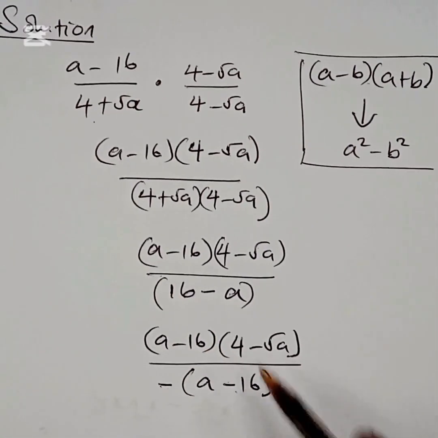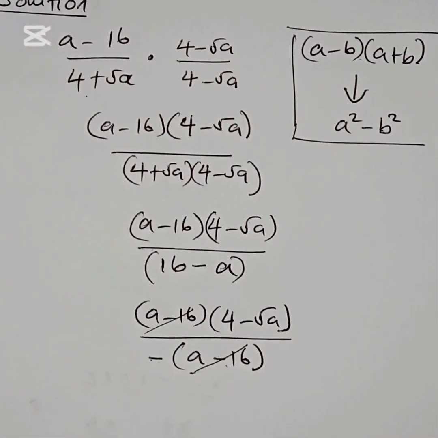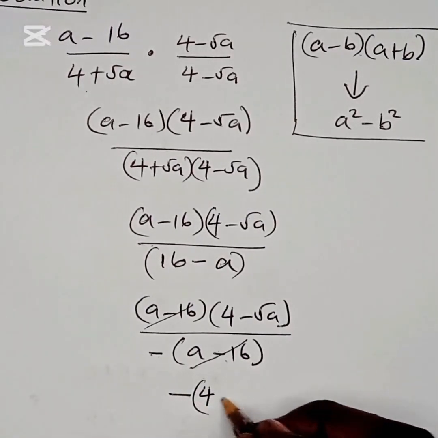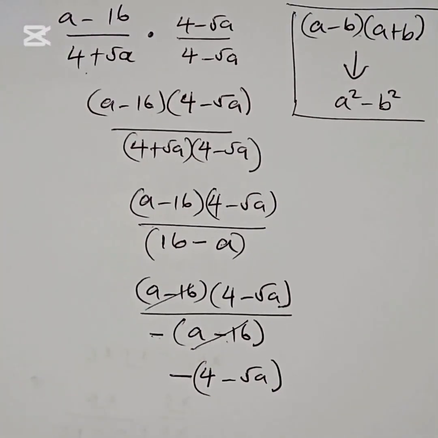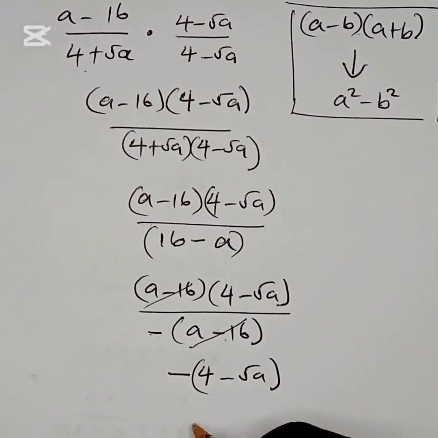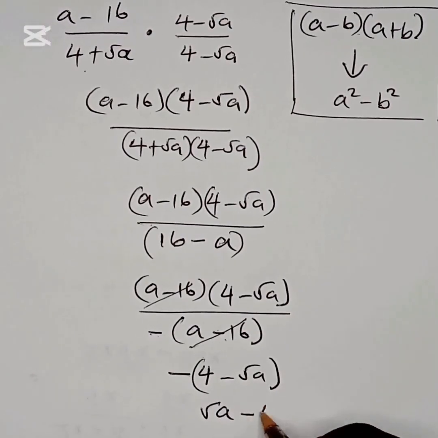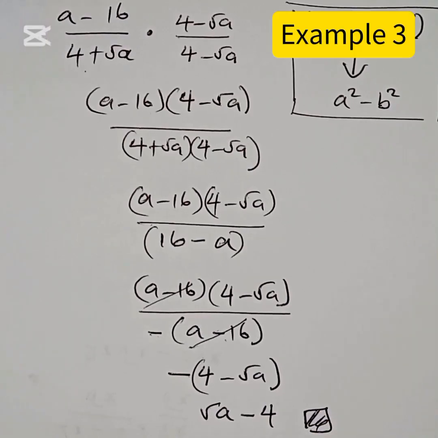But you realize that this is going to cancel off and we remain with a negative sign. So we're going to have minus 4 minus root a. And if you take out the negative sign, you multiply it throughout, you are going to have root a minus 4. Then we are done with that.